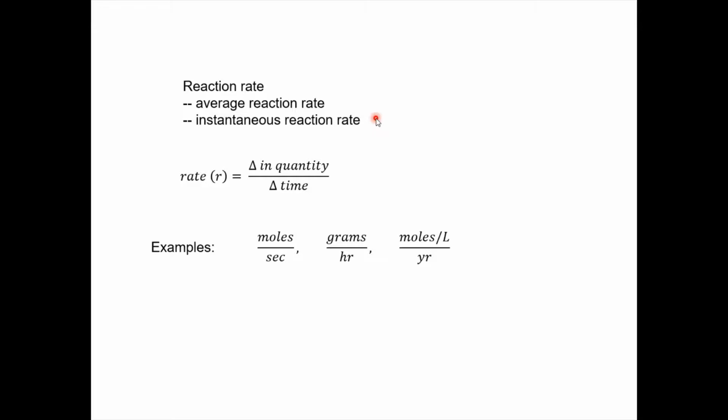So I like to make an analogy with speed, with your car speed or velocity. Let's say that you're going to Disneyland or some other place, and you want to figure out what your average rate was. Well, the average rate is how far did you go? Let's say it was 30 miles.